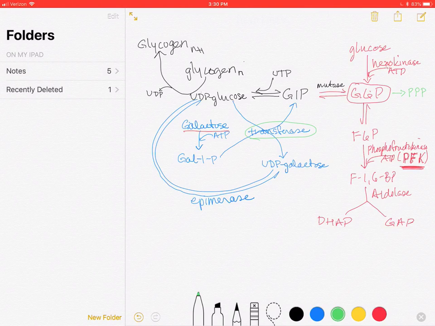Also, in Northern European countries and in the US too, Anglo-Saxons are able to continue drinking milk into adulthood.